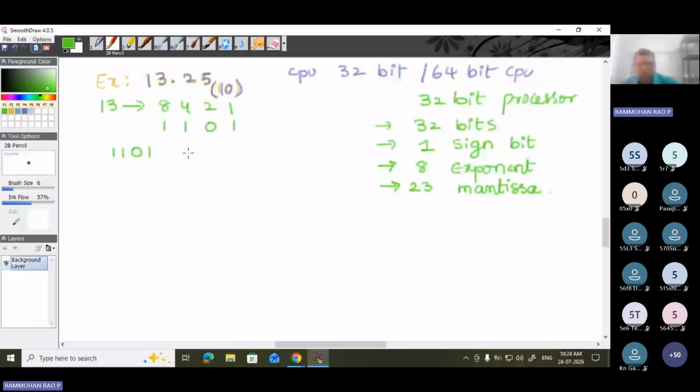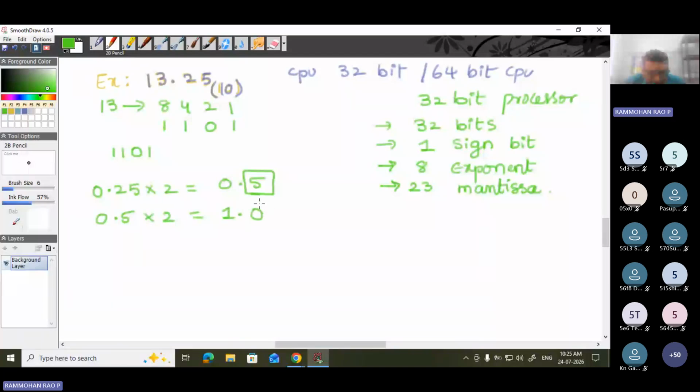Now, this 0.25 is there. What is the binary code of 0.25? How do I convert it? 0.25 into 2 is 0.5. Now you have to take only this part. 0.5 into 2. This kind of multiplication you have to repeat till you get 1 as the answer. Luckily in this case I got 1 in the second step.